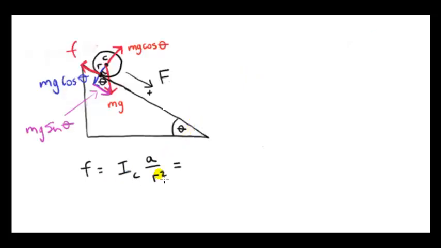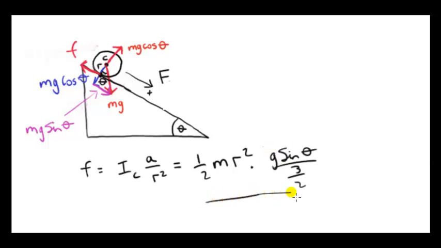Now, let's get the magnitude of this frictional force. So I'm just plugging into this formula that we saw earlier. The acceleration is what we just got, of course. And we divide by r squared. We have 2 times 3 halves here. So we end up with 1/3 mg sin θ.